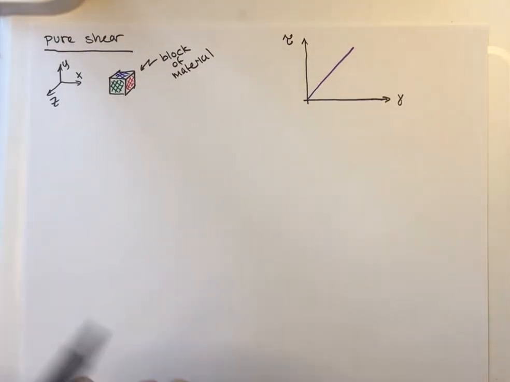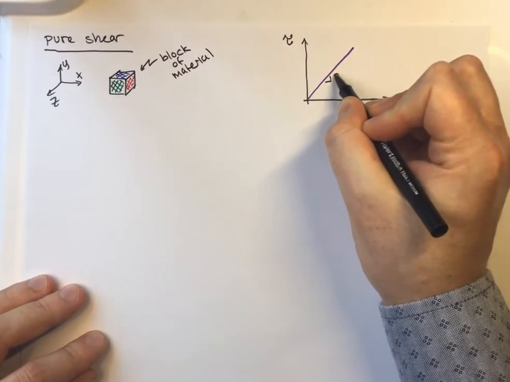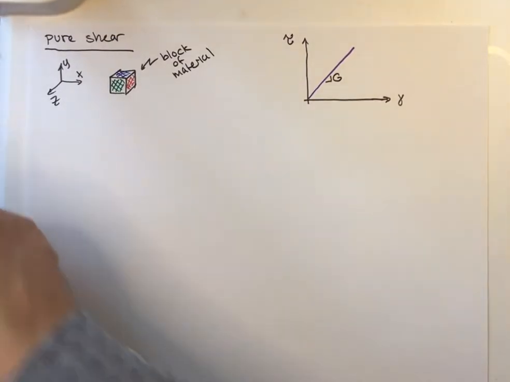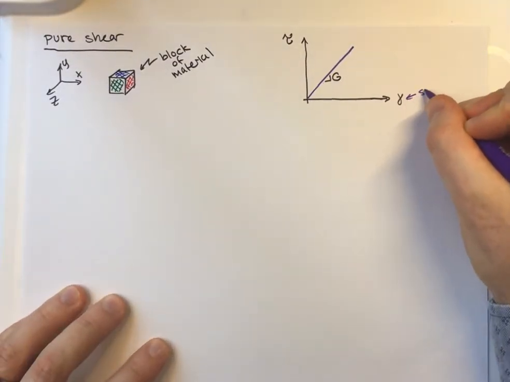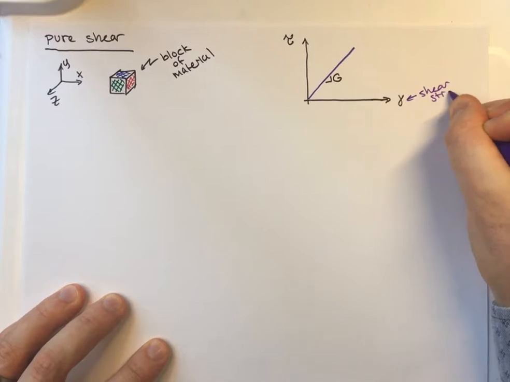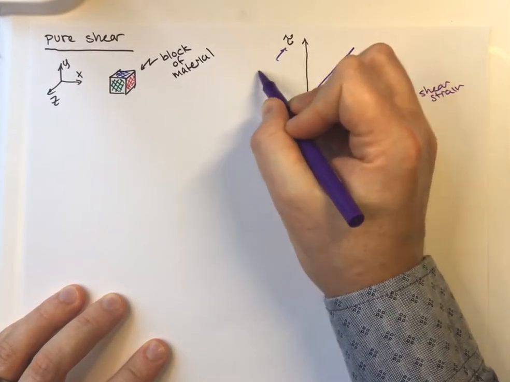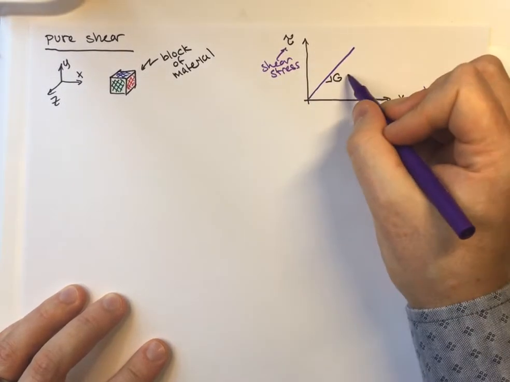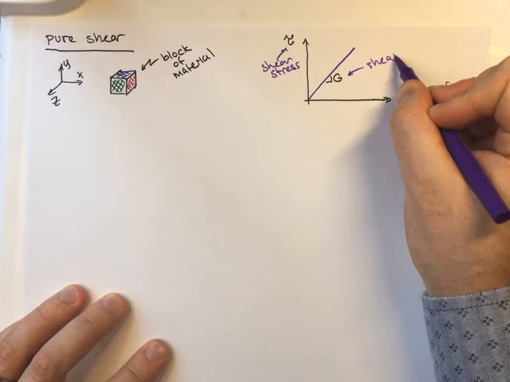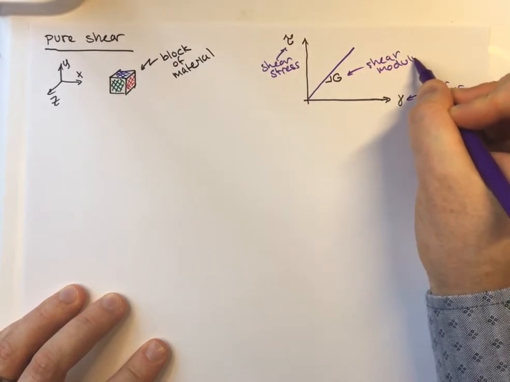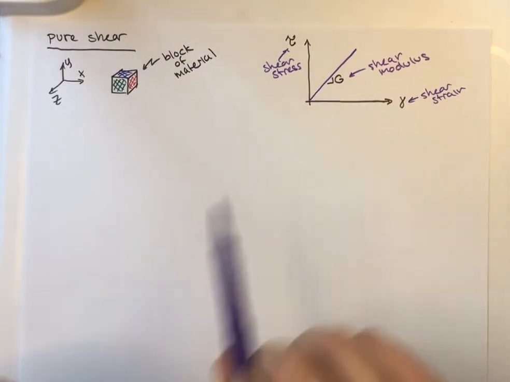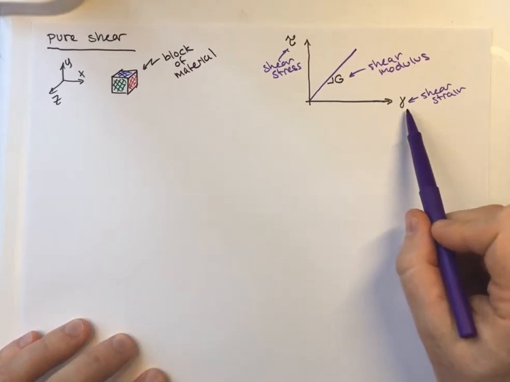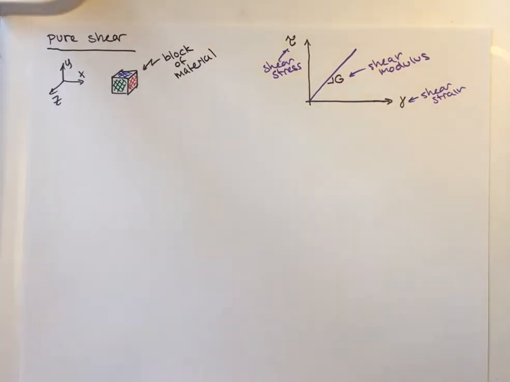And so we'll have a linear relationship there, and the slope of that is going to be G. So again, this is the shear strain, this is the shear stress, and this is the shear modulus. And again, remember that this gamma is just twice the epsilon for that particular plane.